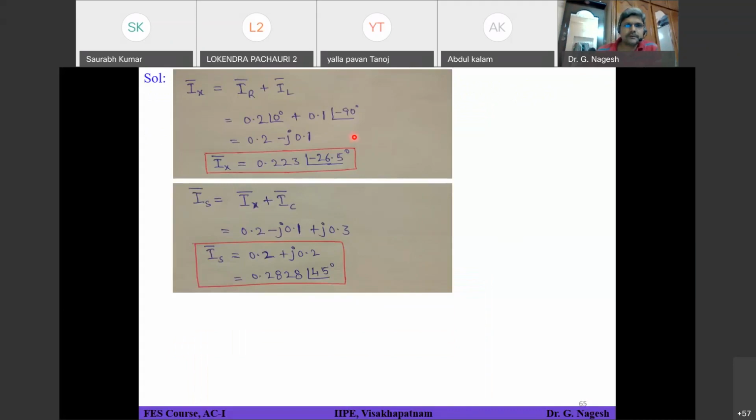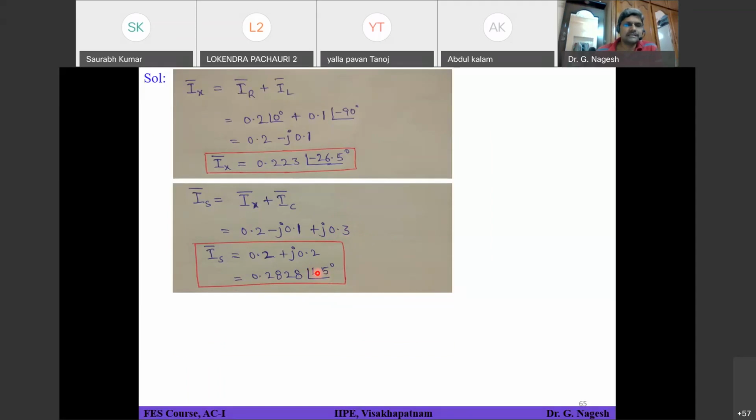If you see here, your IC seems to be j 0.3, so that means 0.3 at an angle of plus 90 degrees. But your source current is 0.2828 at an angle of plus 45 degrees. So that means your capacitor current IC is ahead of your source current.